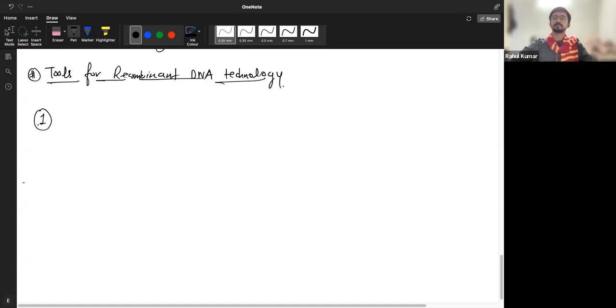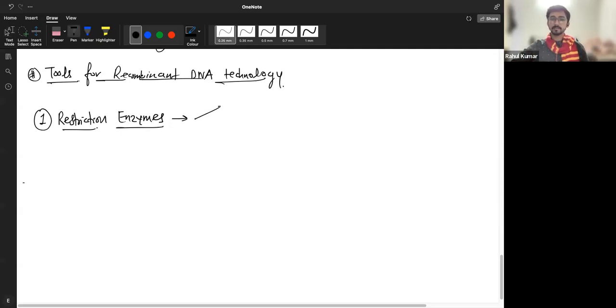So first thing, we need something to cut the plasmid and cut the gene of interest, which we already know is known as restriction enzymes. Correct? Now, what does the word restriction mean? Restriction, to restrict, to cut, right?